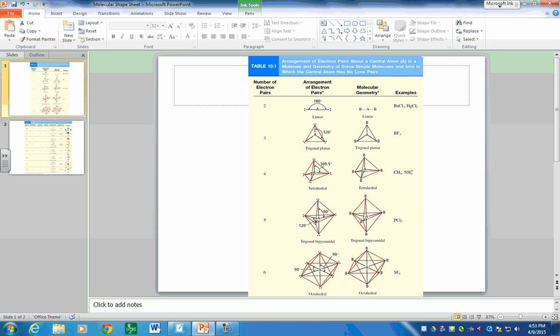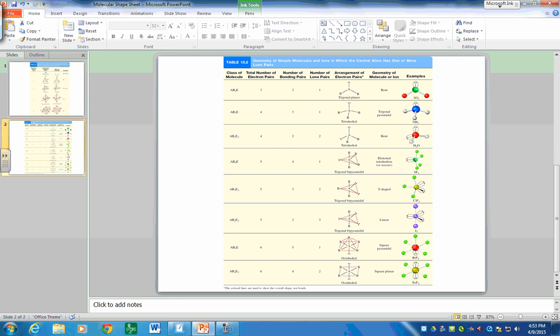Now, the AB5 family is the biggest, because if you look on the back, AB4E1, AB3E2, AB2E3, 3 of these on the back, or more than a third of the back ones, come from AB5.